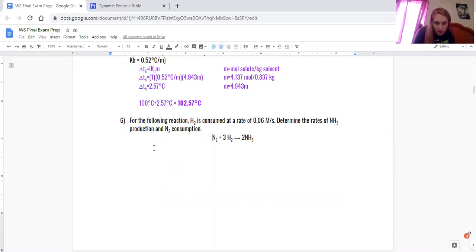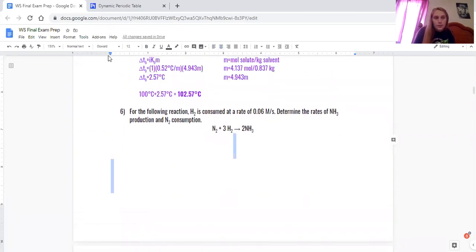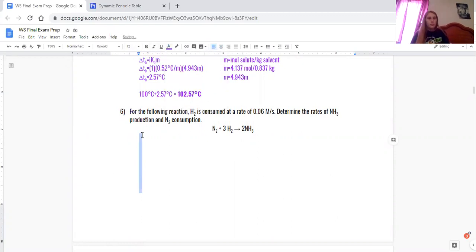Perfect. Okay, so for the following reaction, H2 is consumed at the rate of 0.06 molars per second. We're determining the rate of NH3 production and N2 consumption.